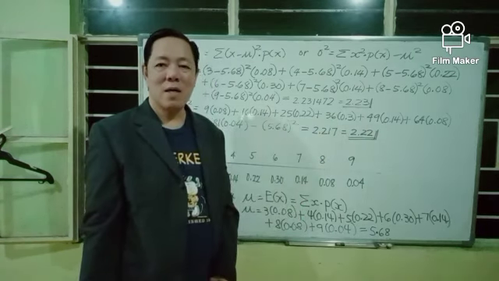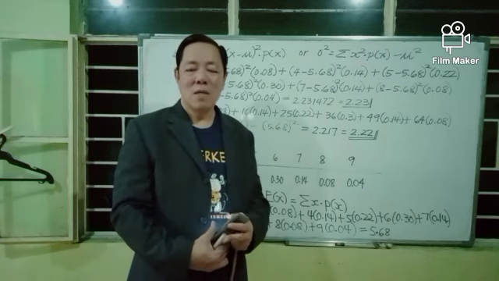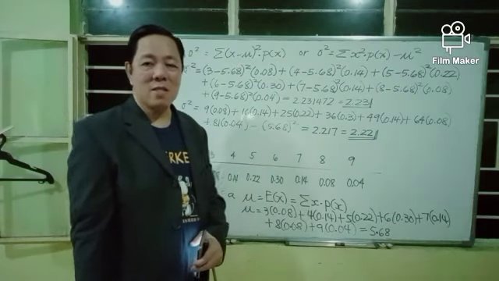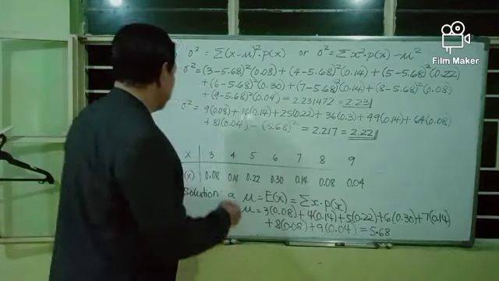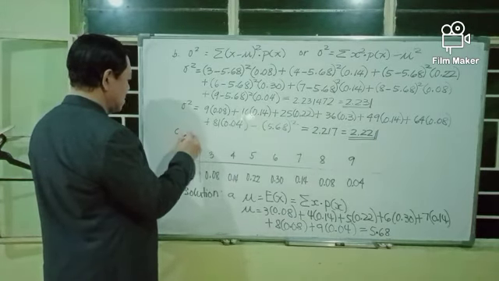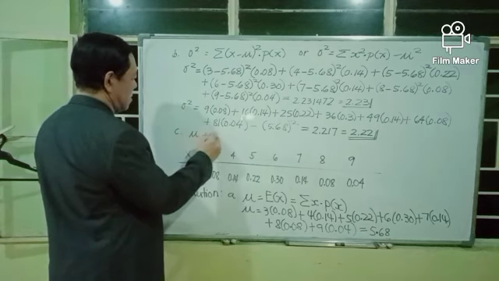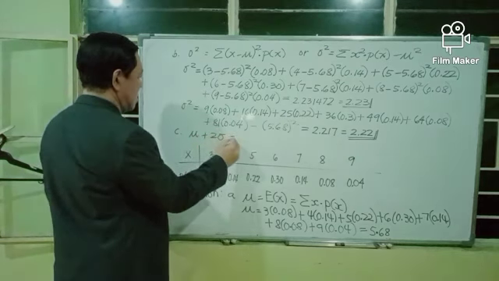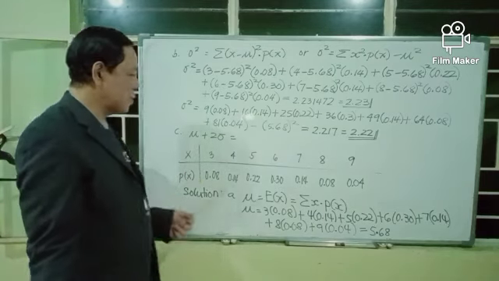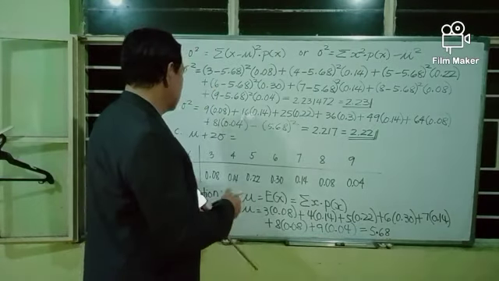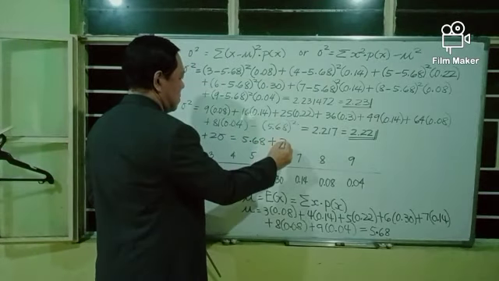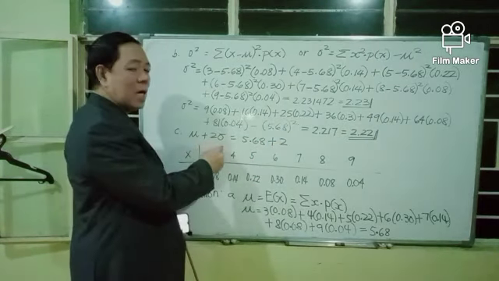And we now answer the next question. Give the proportion of the measurements or values of x that exceeds mu plus 2 sigma. We compute mu plus 2 sigma, where mu is 5.68, plus 2, and we take sigma.